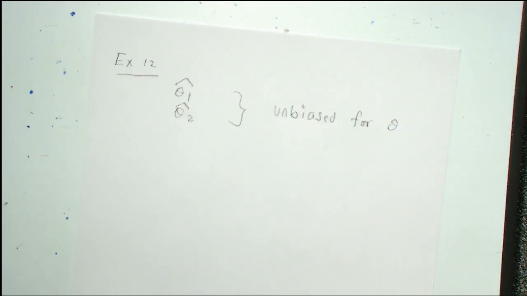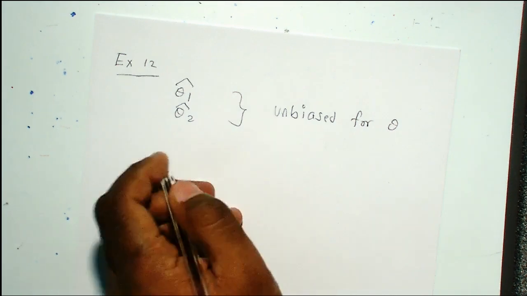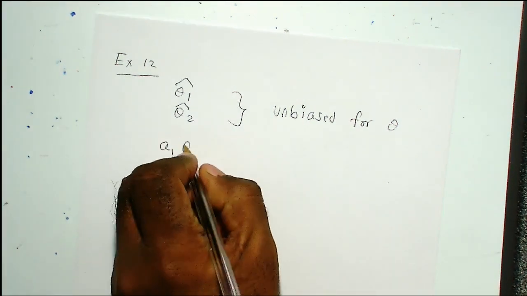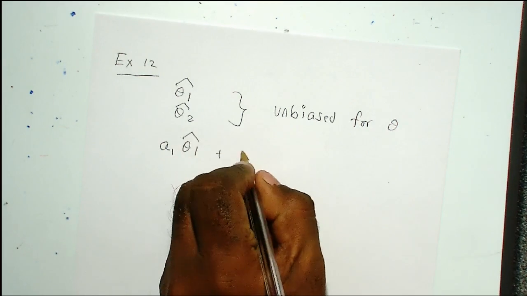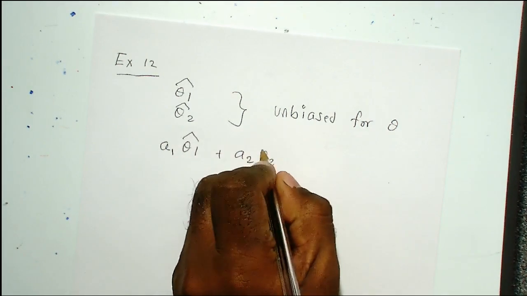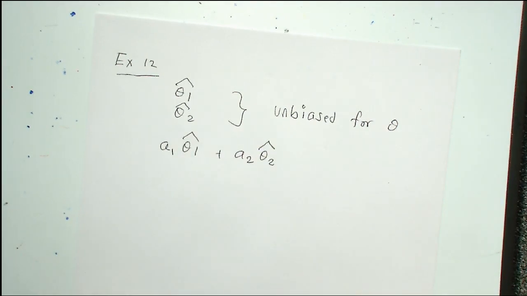Both these are unbiased estimators for theta, and you want to find a linear combination A1 theta 1 hat plus A2 theta 2 hat that is unbiased and also has the smallest variance of such a linear combination.